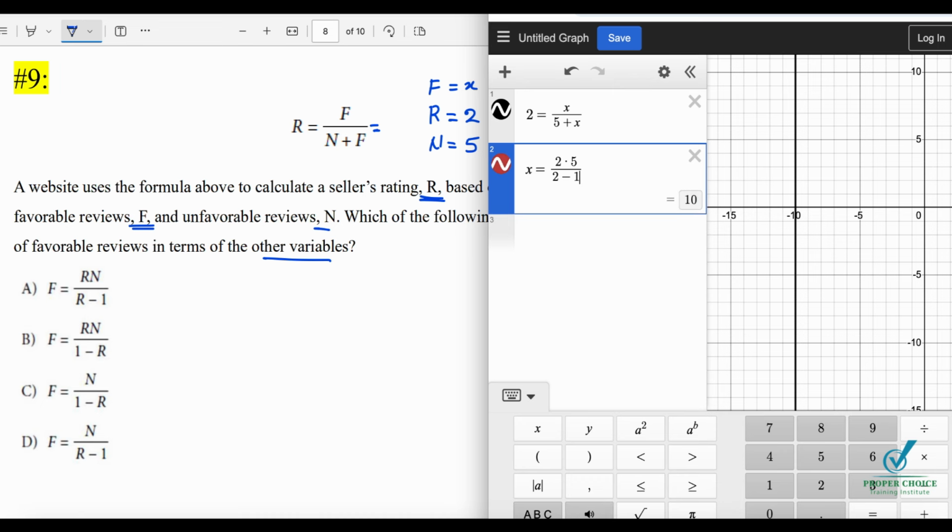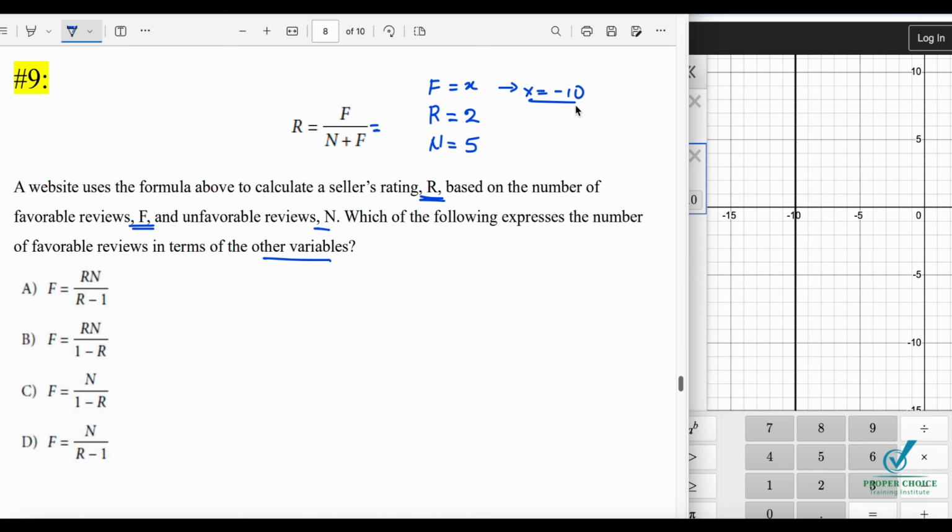What answer am I getting? I am getting 10, but I have to look for the answer negative 10. Don't be confused. I have to get the same answer as what I got, but here I am getting positive 10, so this is wrong.